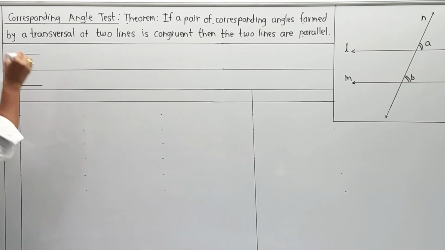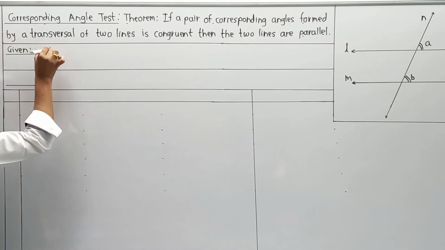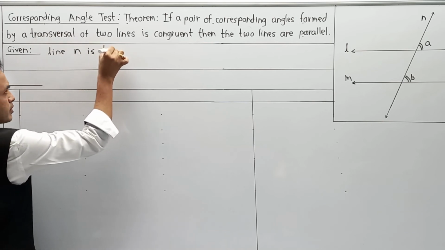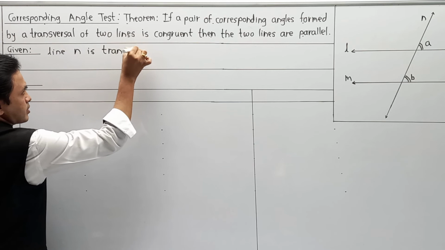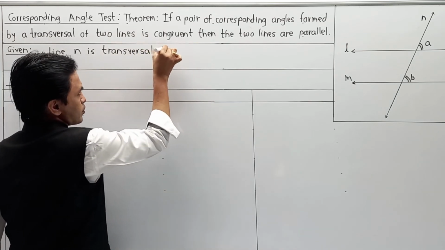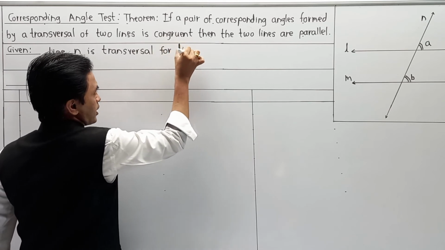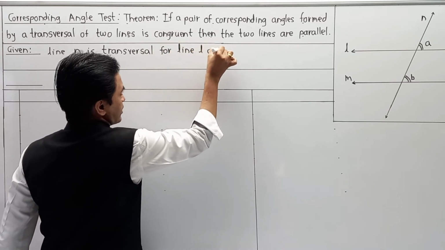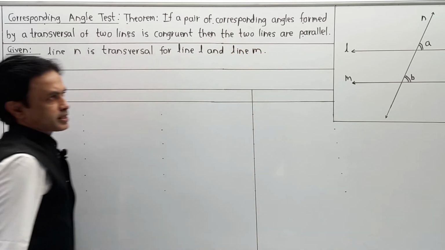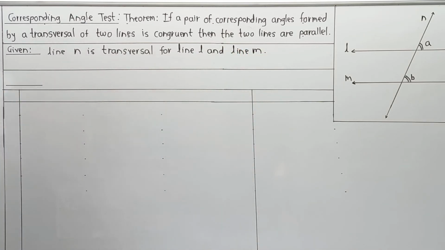So, given: line N is a transversal for line L and line M. Next, angle A is congruent to angle B, and these are nothing but a pair of corresponding angles.